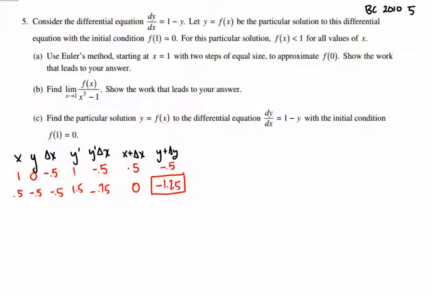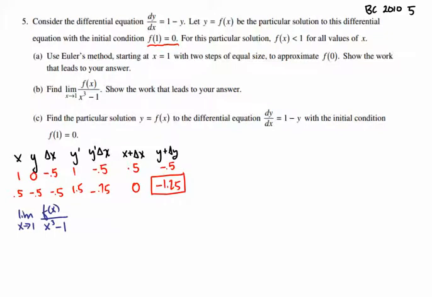In part B, we have the limit as x approaches 1 of f of x over x cubed minus 1. And with any limit, we want to try to first plug in. When we plug in 1 into f of x, we're going to get 0 based on the initial condition that we're given.